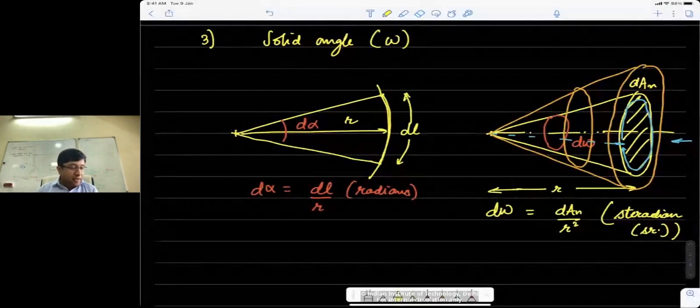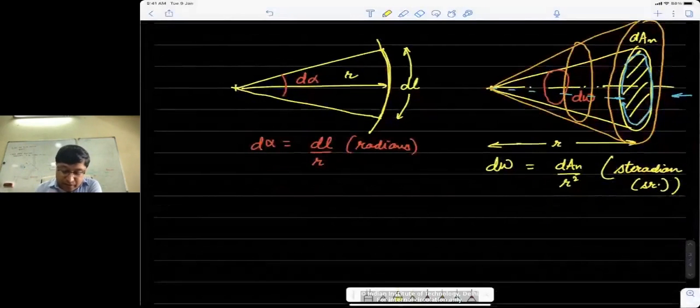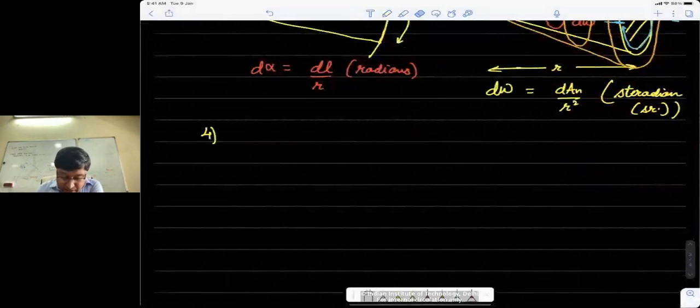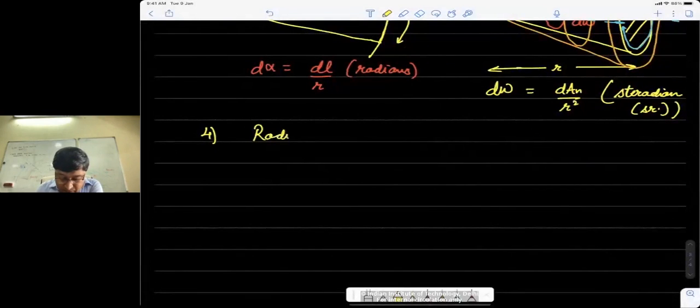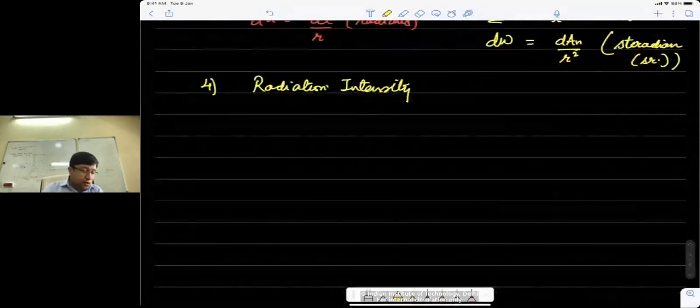Remember, the units of this will be radians, and I'll show you one example of how the solid angle can be computed. So we're coming there now. Let's look at the fourth concept, which is radiation intensity. To define radiation intensity, I need to first define the coordinate system and what the solid angle would be in a spherical coordinate system.